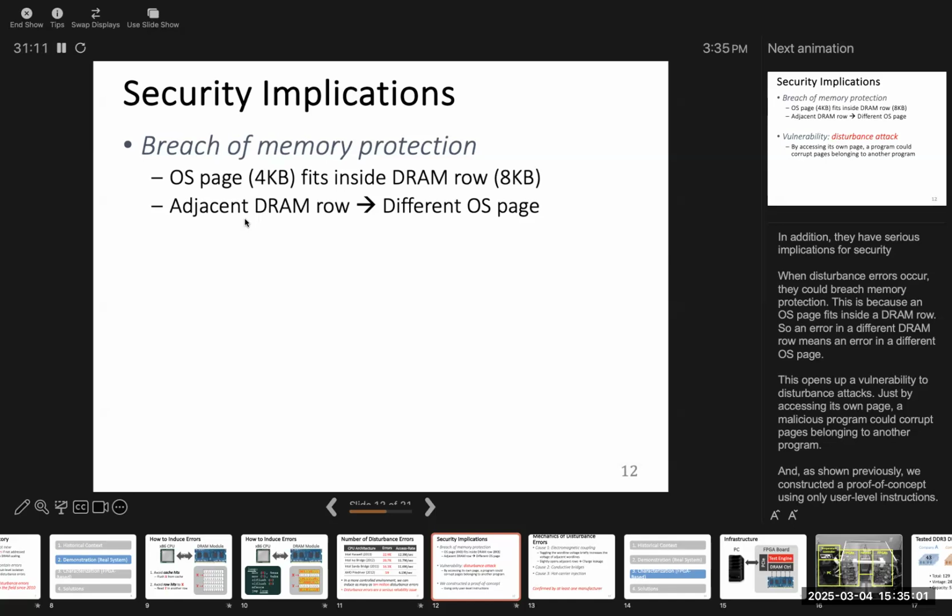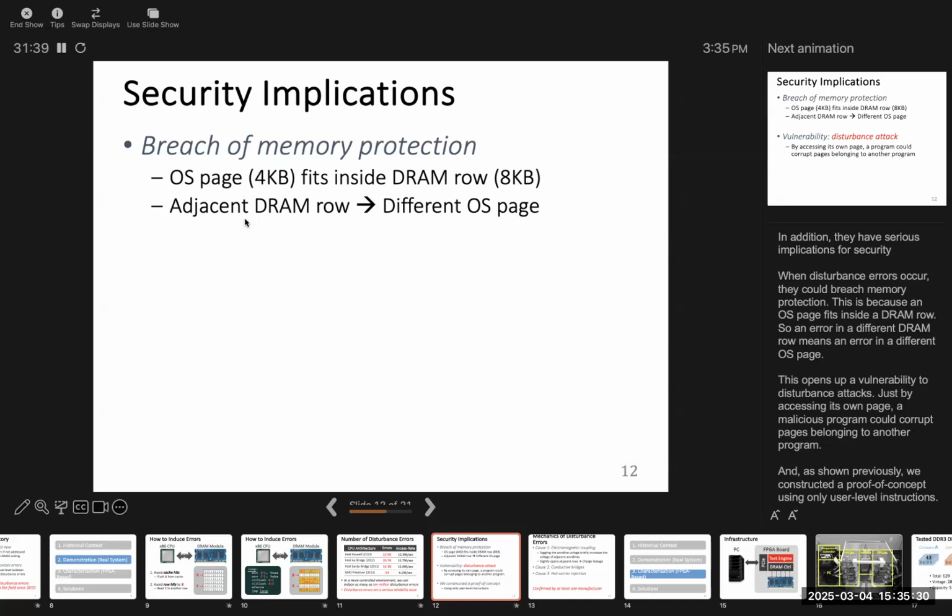So adjacent DRAM rows can have an effect on the other rows, and it depends. Let's say process B is a user process or an OS process, we don't know. If it is an OS process, you are in a more dangerous situation. If it is a user process, only one program of one particular user will not work.